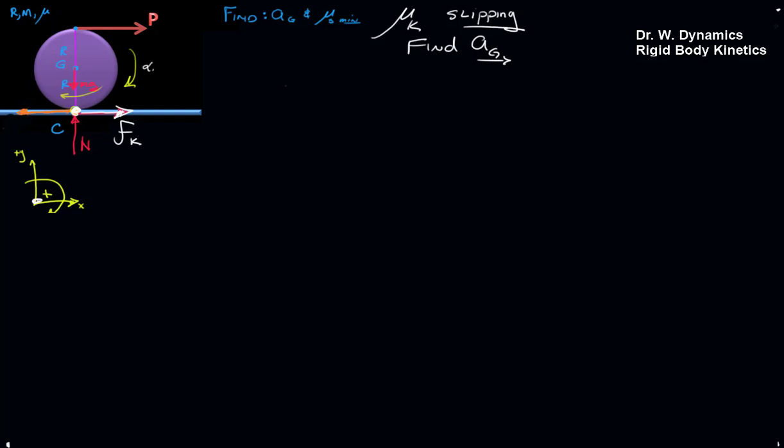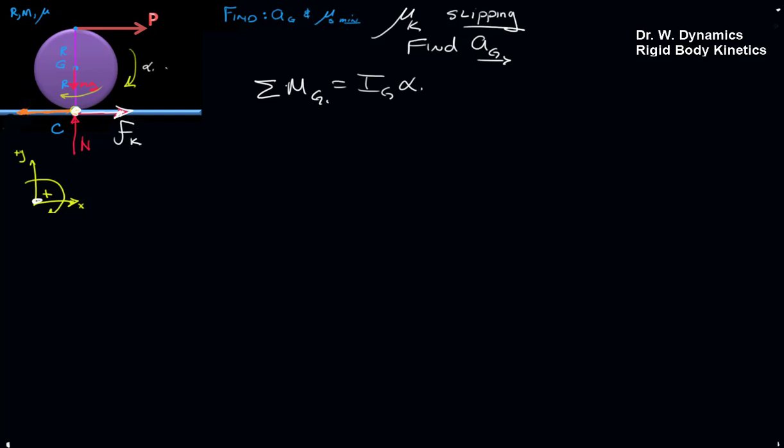And thinking about it now, would you rather do some of the moments about G or some of the moments about C for this condition? And I'm thinking that the moments about C would be tough because I don't really know what a sub C is when I get to that. So I think I'm going to scratch that one. And we'll stick with this one.